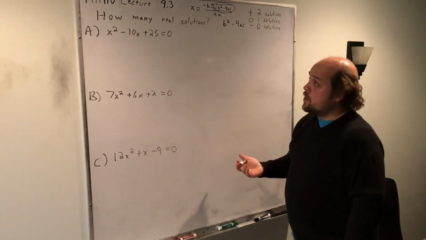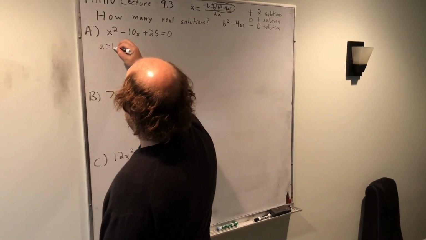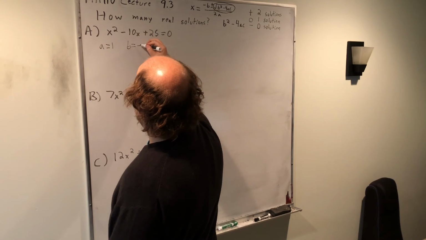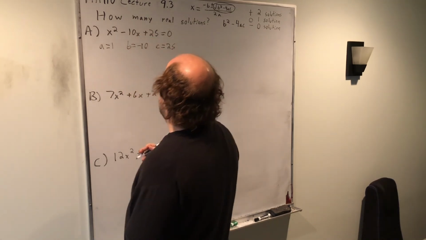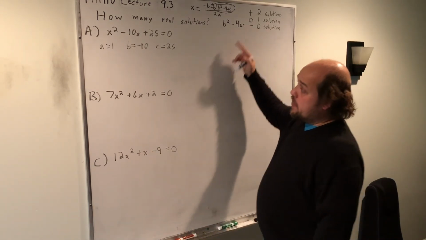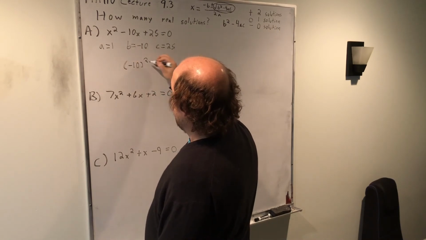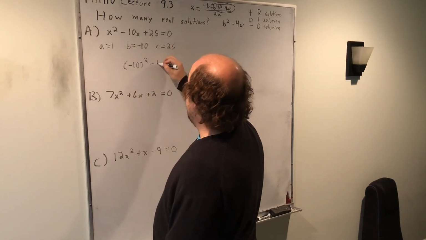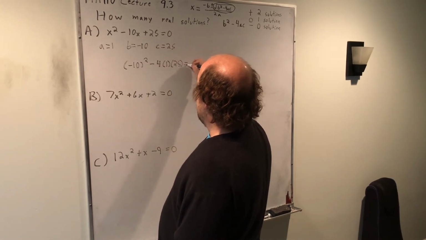So, when we go to the first problem, we identify what a is. a equals 1, b equals negative 10, c equals 25. We can now check b squared minus 4ac. b squared is negative 10 squared, minus 4 times 1 times 25.